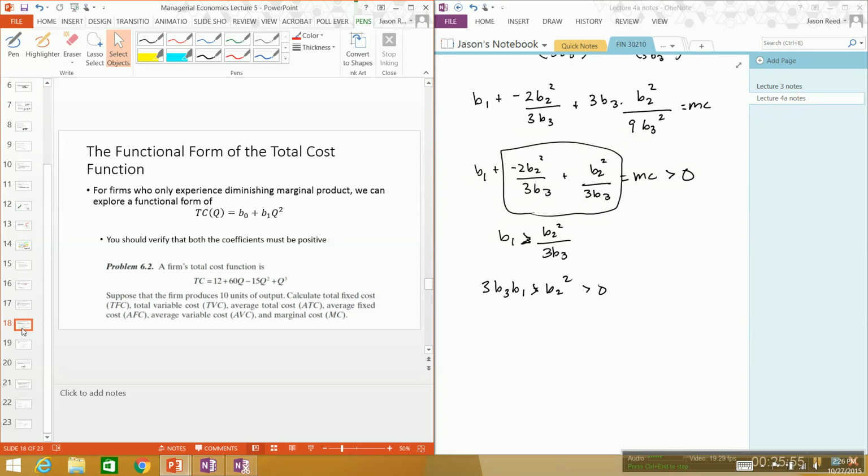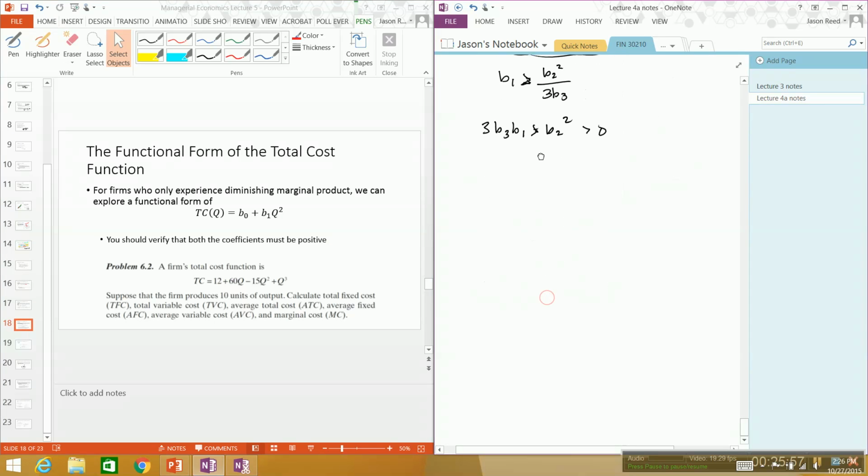So if we wanted to have just diminishing marginal product, here we would suspect that beta 1 would be positive, beta naught would be positive again. So we have this firm's total cost function. We can calculate out some things.